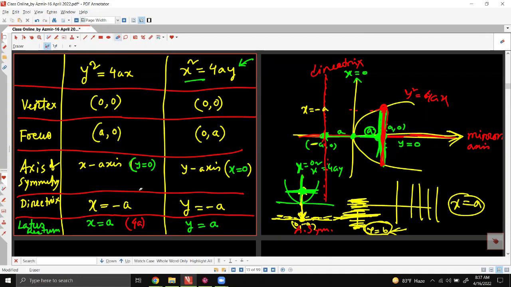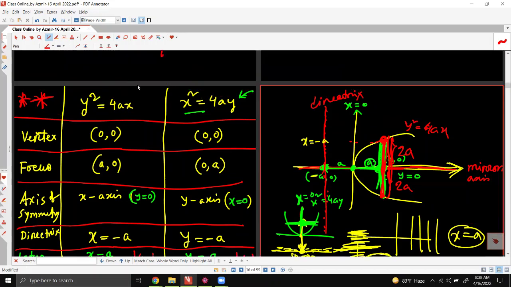We can also use the absolute value of 4a because length is always positive. That's why we use the absolute value of 4a, because this distance is 2a and this distance is 2a. So total 2a plus 2a, we have 4a. So these are the formulas that we need if we have to analyze a given parabola.